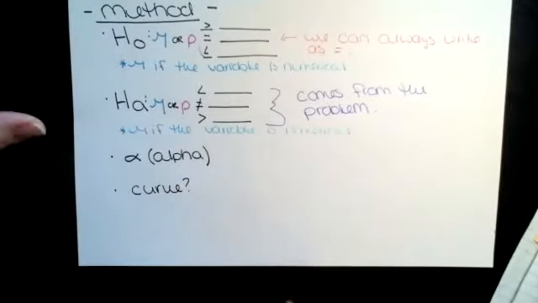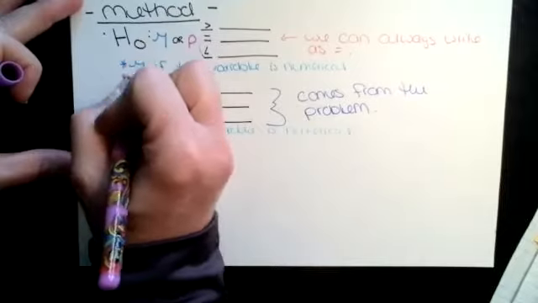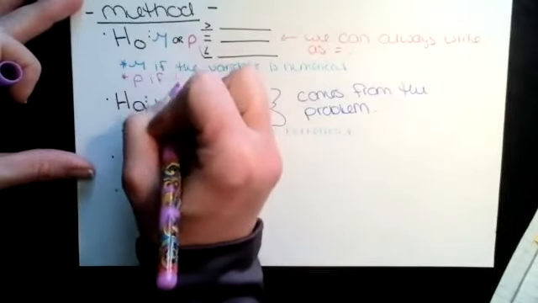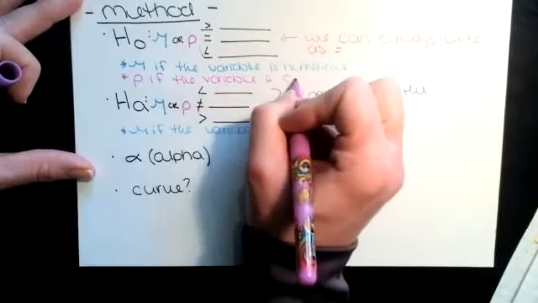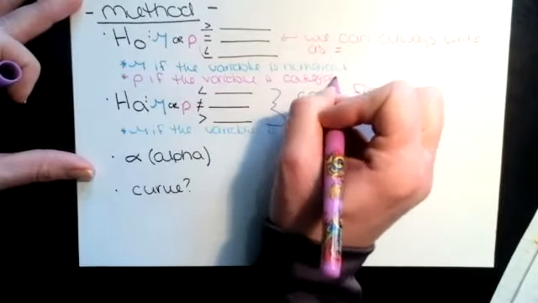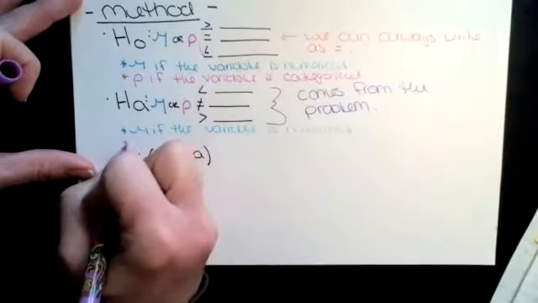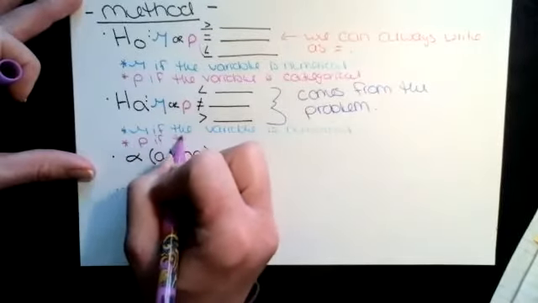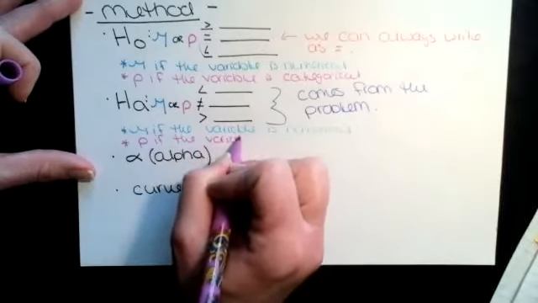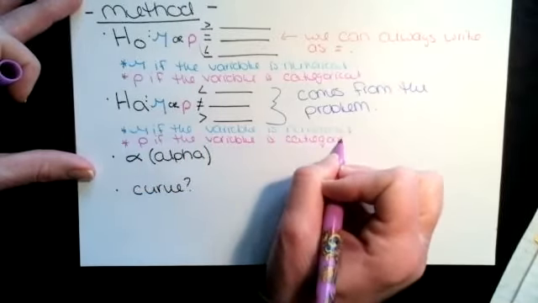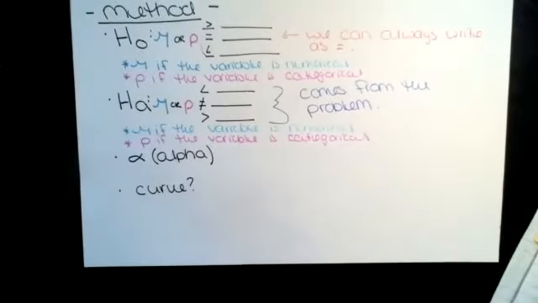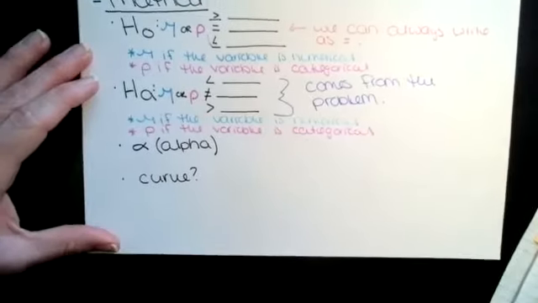It can't be a combination. And P, if the variable is categorical, I'll write it down here again. So we need to make sure we pick that out in our first step and pay attention to that.